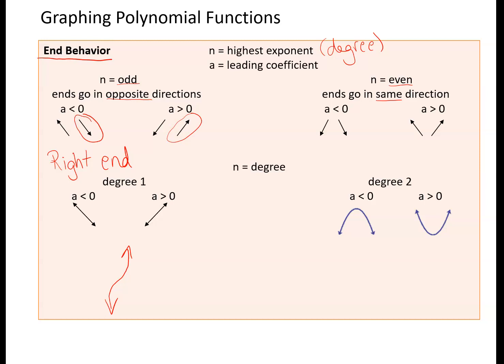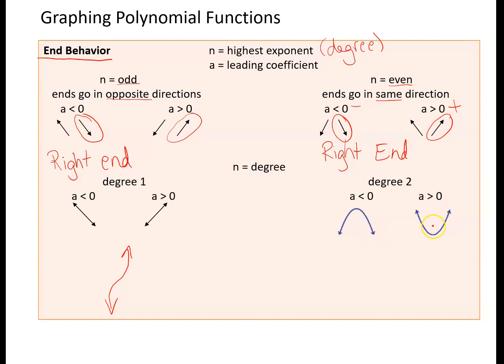And really the same thing here. You can say, okay, what is the right end going to do? When a is negative, it's going to fall. When a is positive, it's going to rise. Now, if n is even, though, the other end does the exact same thing. Or you could remember with the quadratics, which we just recently studied, when a was negative, it opened down, so the ends both go down.